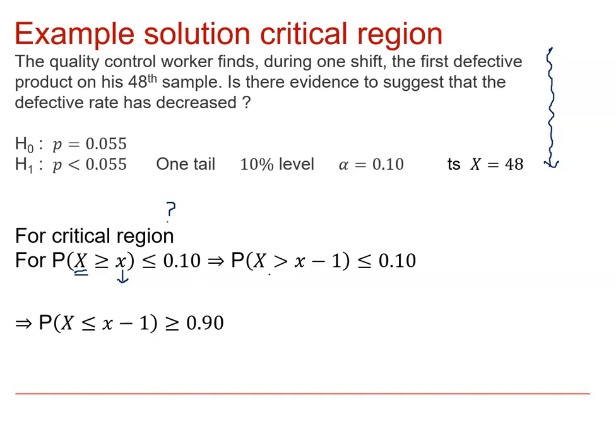That clearly implies that the probability that our random variable exceeds little x minus 1 must be less than or equal to 10% as well. Therefore we can turn that inequality round and say that the probability our geometric random variable capital X takes a value less than or equal to little x minus 1 has to equal or exceed 0.9.